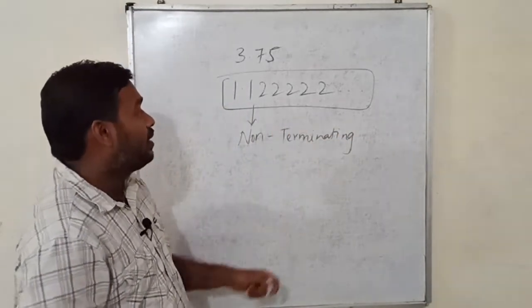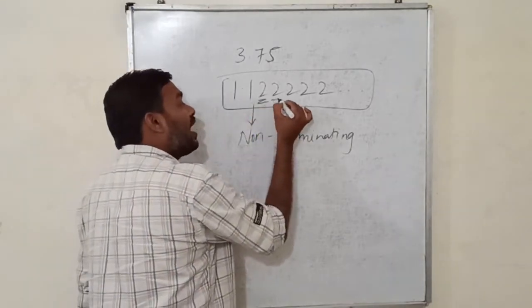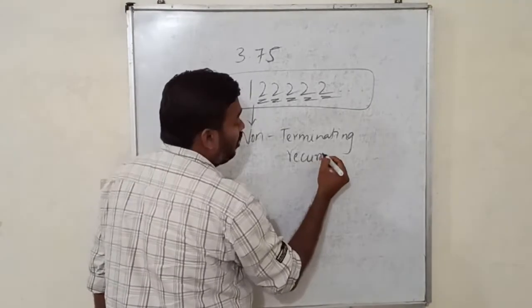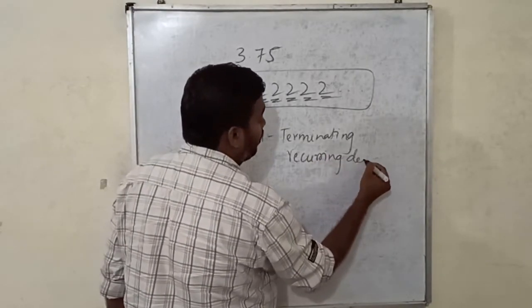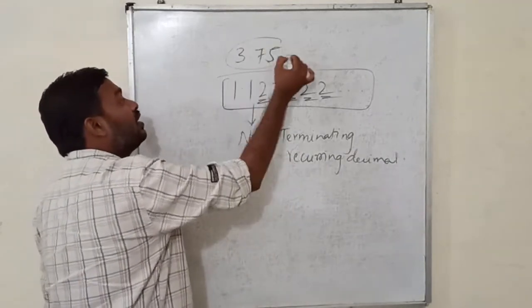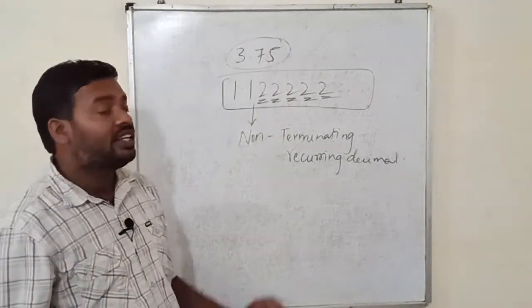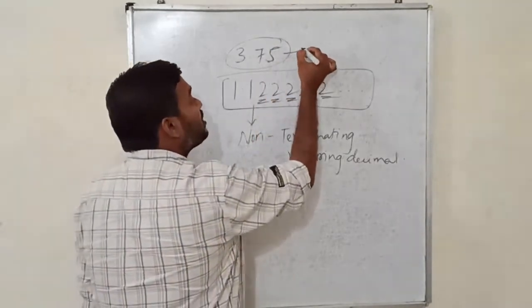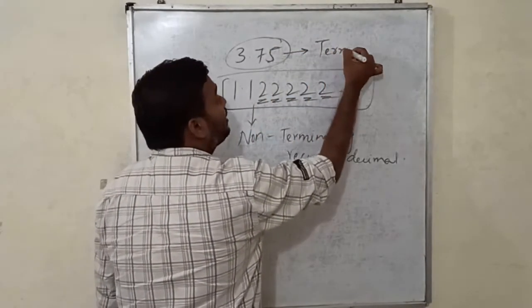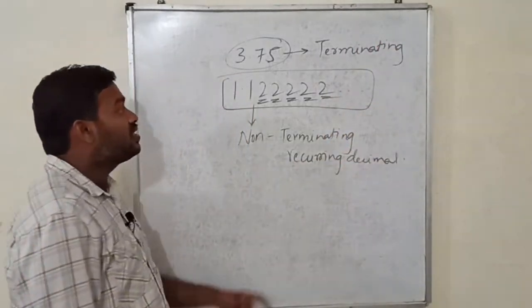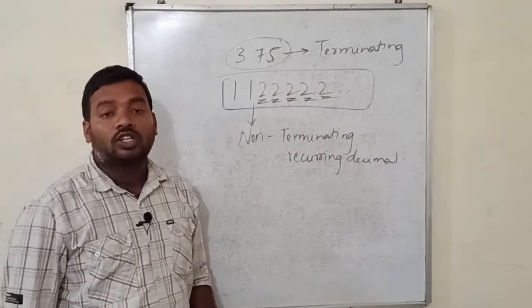Non-terminating recurring means 2 is occurring again and again, that is a recurring decimal. And in the other case the decimal has stopped, there is no continuation of the decimal. So this type of decimal is known as a terminating decimal. This is terminating and this is non-terminating.